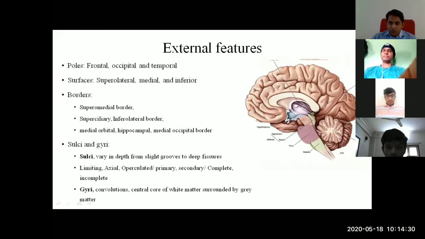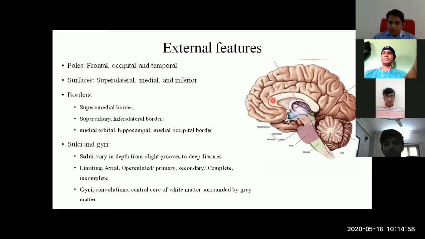This is the posterior pole, and towards the posterior pole, you can see the cerebellum. An important feature in this medial surface is this C-shaped structure called corpus callosum. It consists of commissural fibers, white fibers which join the same area of the two different hemispheres.